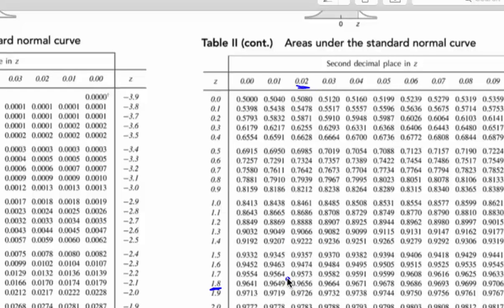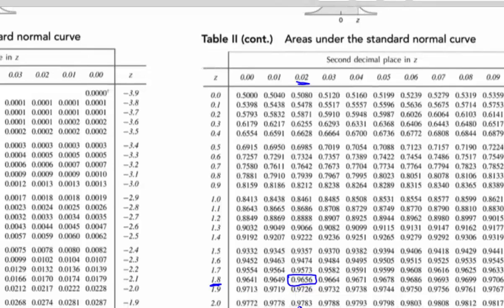And we're going to get 0.9656. What does it mean? Joey? 96% of the data falls to the left of 1.8. Good. Yeah. So if your z-score is 1.82, then that value is greater than 96.56% of the data. We got that.